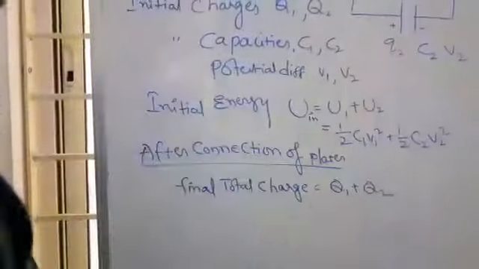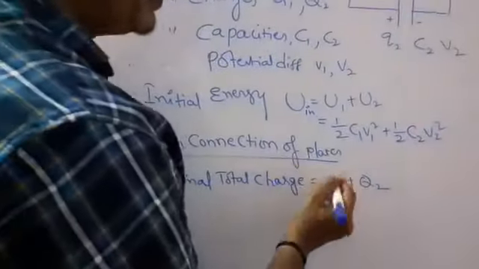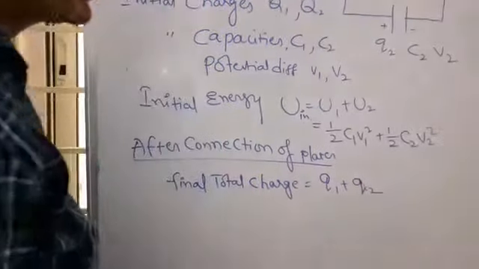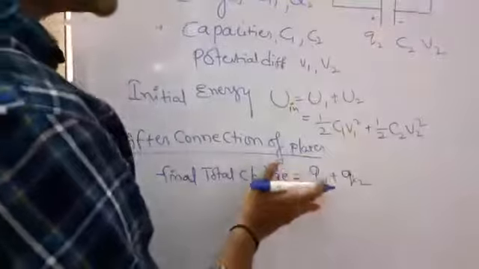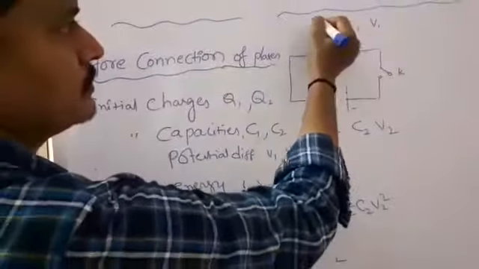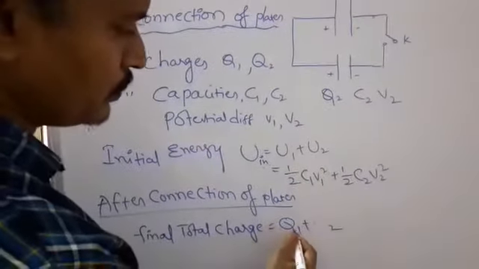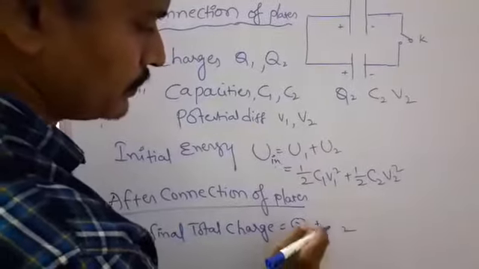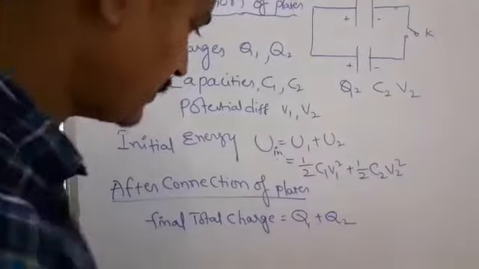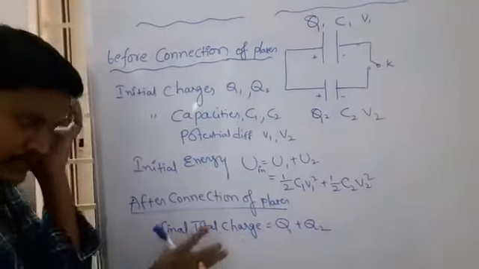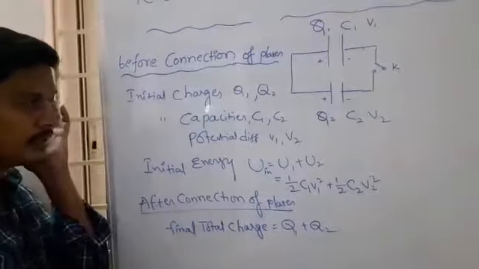This is the total charge after connection. Otherwise we can take capital letters, Q1, Q2. Here also Q1 plus Q2. No problem. So this is the final charge, right?